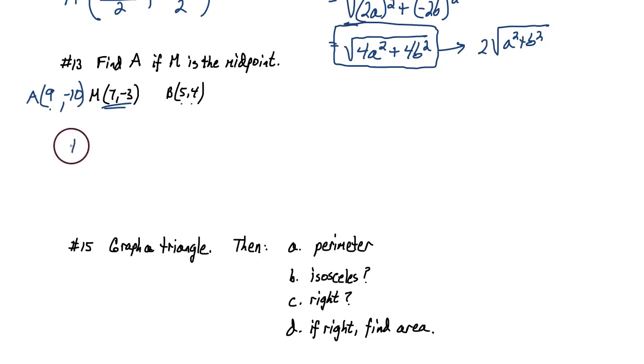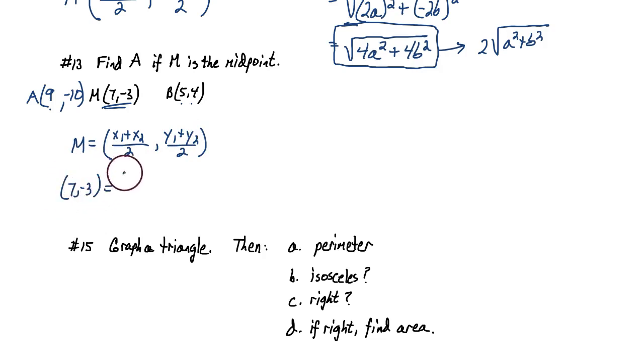Remember, our formula is that the midpoint is equal to the average of your x values and the average of your y values. Well, our midpoint is 7, negative 3. And for our x values, we didn't know our first x value for point A, but we did know our second x value was 5.